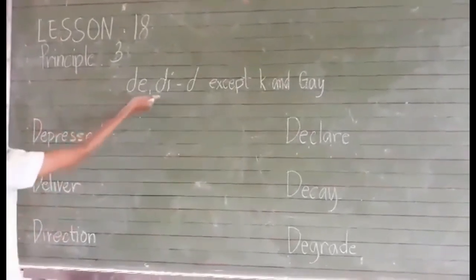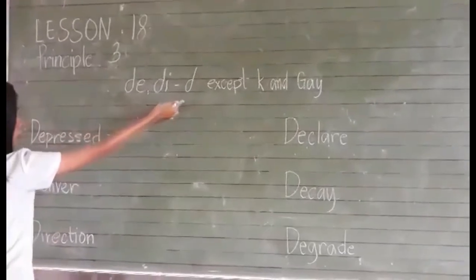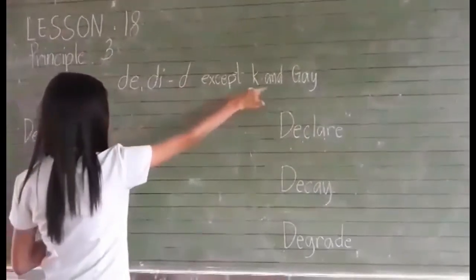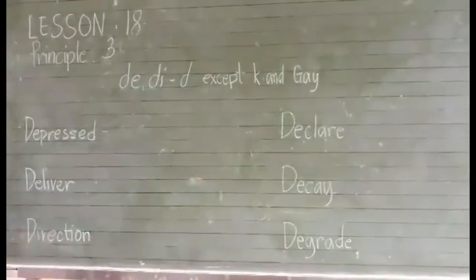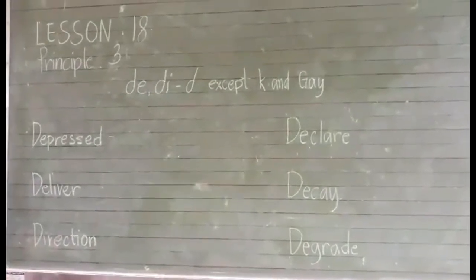Principle number 3, the word beginning de, D, is represented by this stroke, except if the word is followed by K or gay.